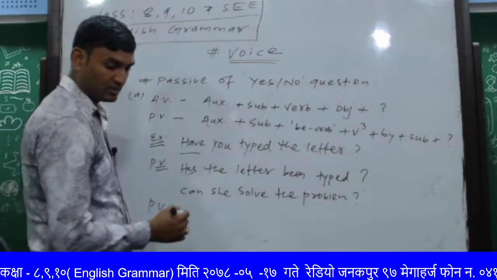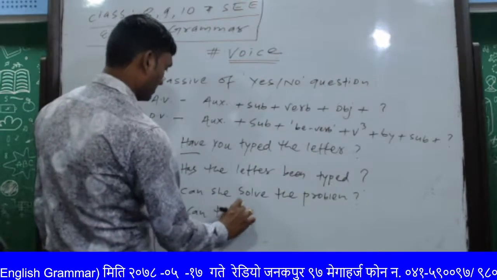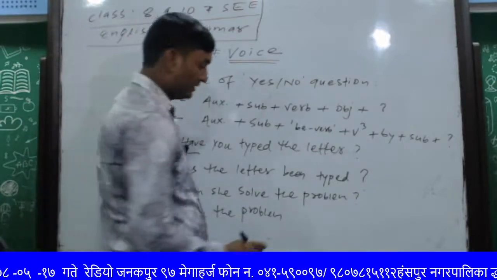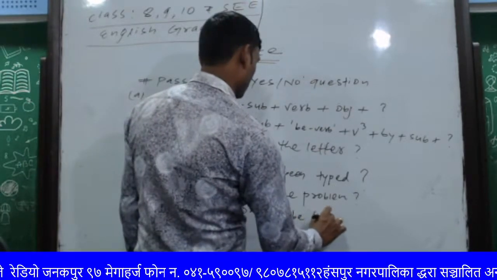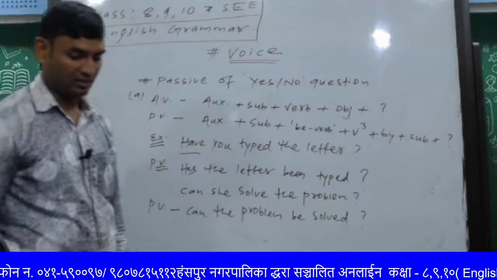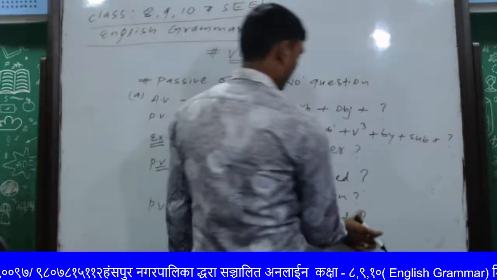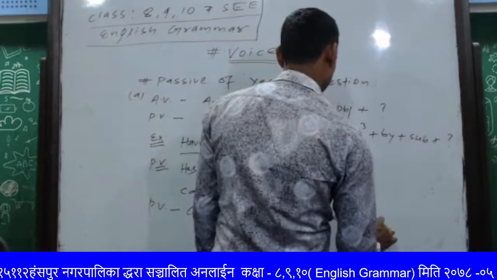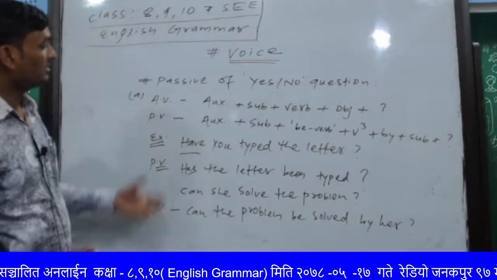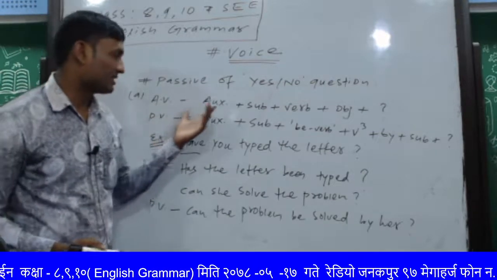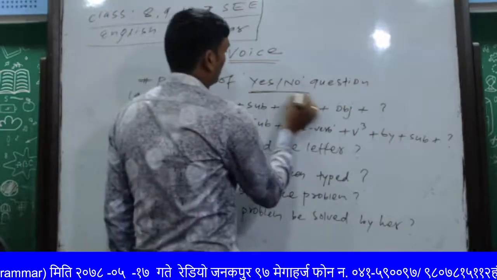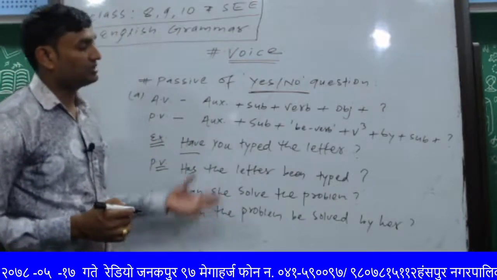So the passive means can the problem be solved by her also. Be solved, solved by her. In this way we can change. It means when the sentence starts with auxiliary verb, this one is passive of yes no question. So this one is the first.